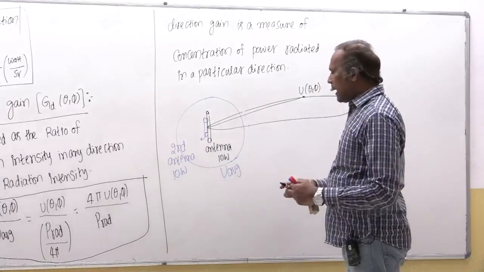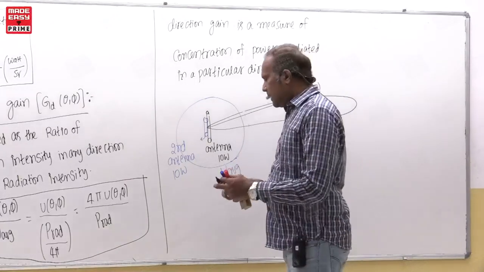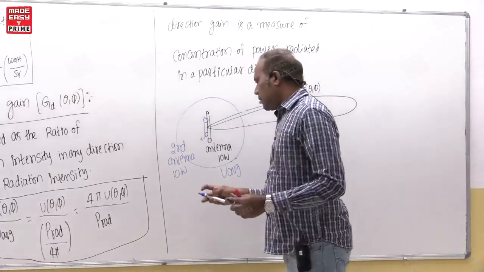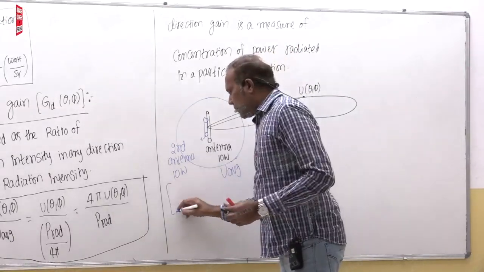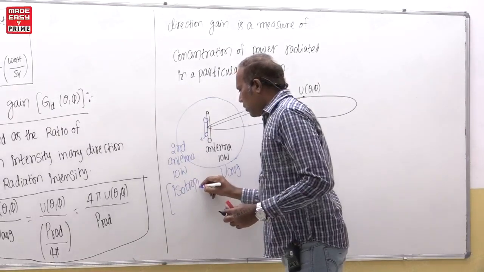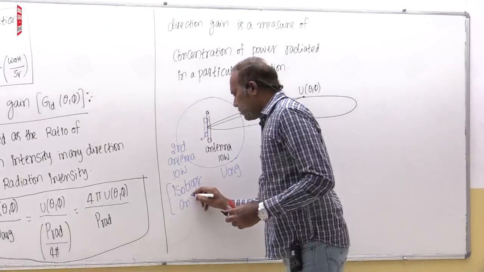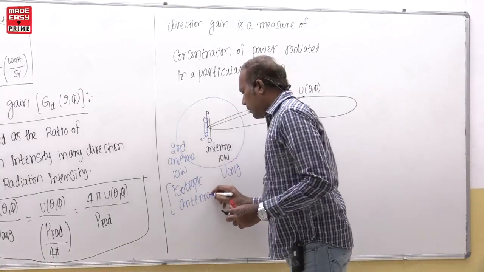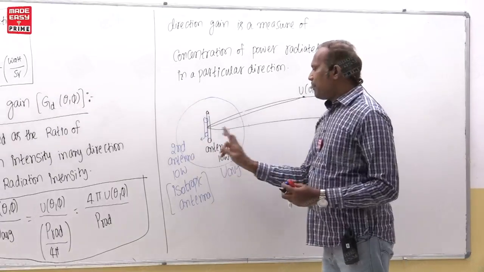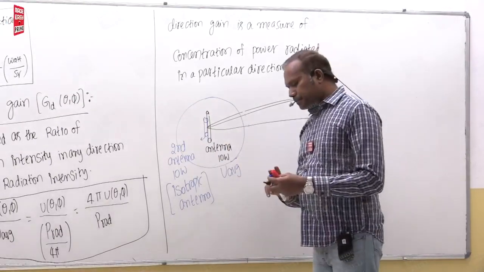So this second antenna is the isotropic antenna. Both are given the same input power.